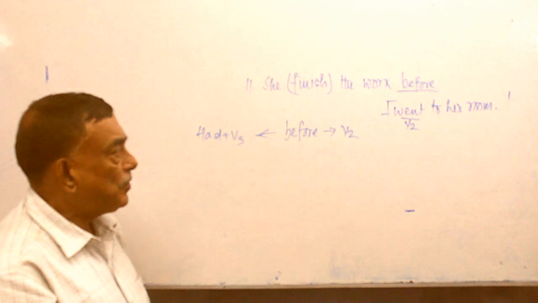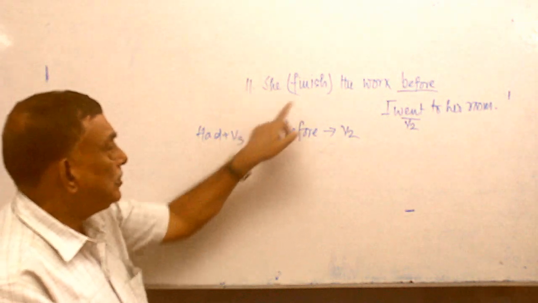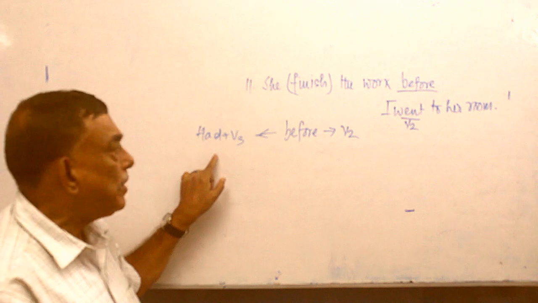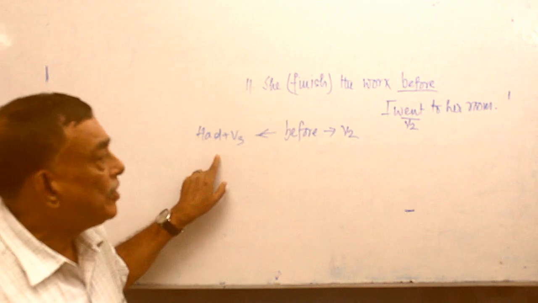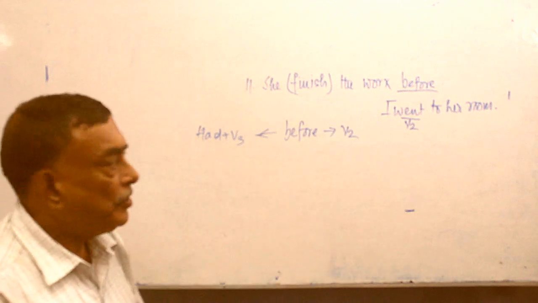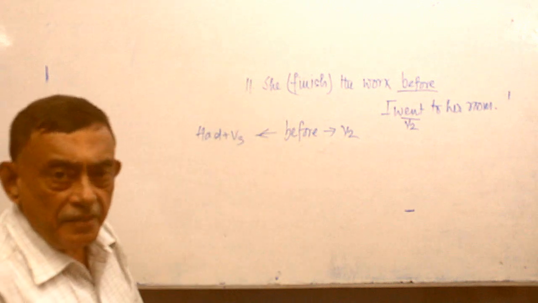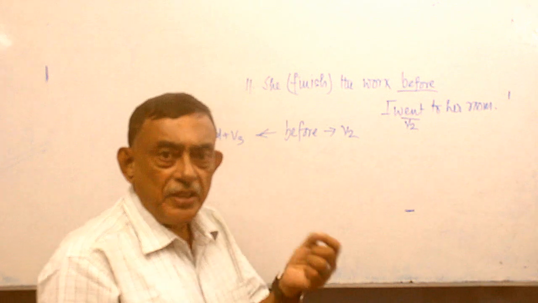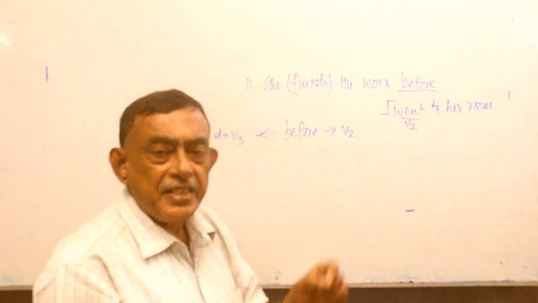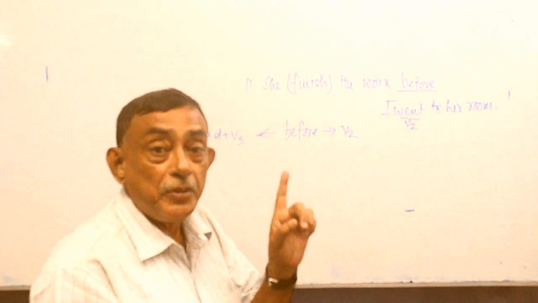Now what is the past perfect tense? First of all, the first verb has to be converted to had plus V3. She had finished the work before I went to her room. This is the simplest form by which you can easily answer the question within the twinkling of an eye, and it is 100%, 200% correct.